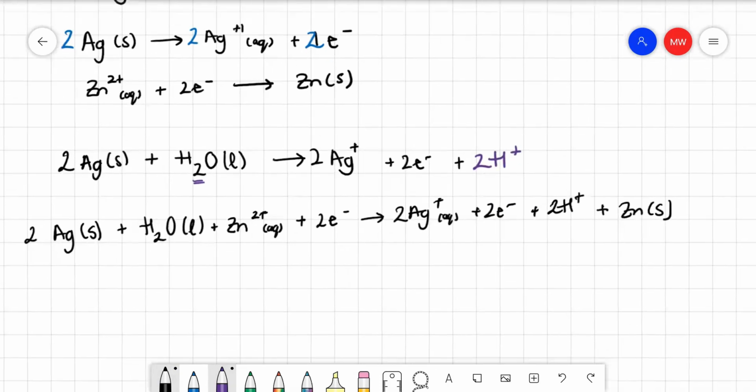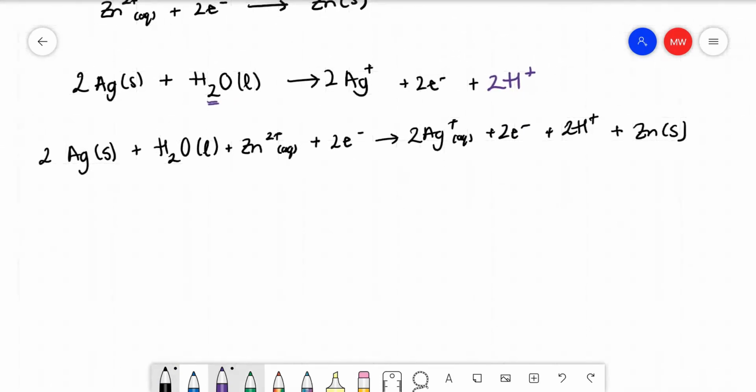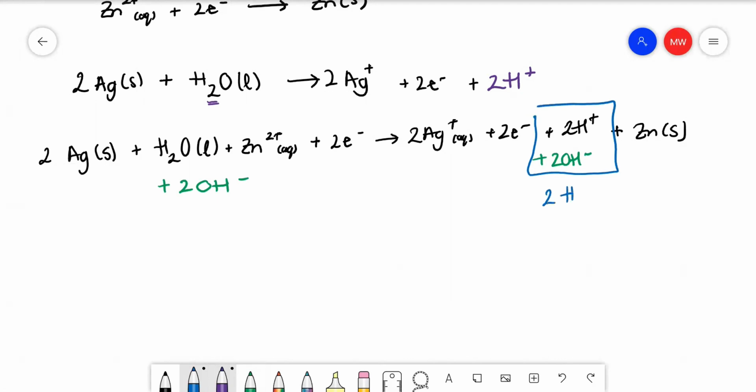I can cancel out my protons by adding hydroxides to them because this is a basic medium. So those 2 hydroxides plus protons form 2 water molecules.